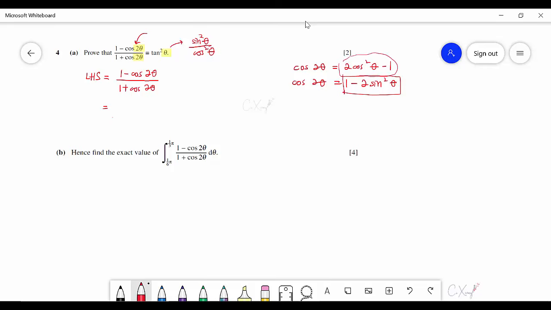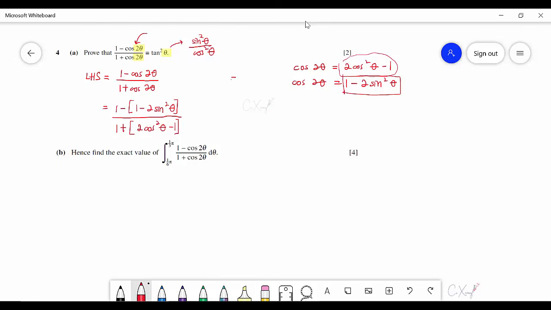If you substitute it into your expression, you have 1 minus, then 1 minus 2 sine square theta. Then for the denominator, cos 2 theta, you want to substitute it by using 2 cos square theta minus 1.